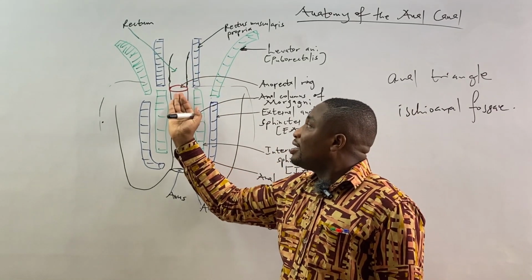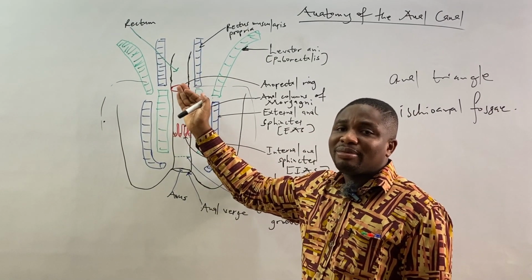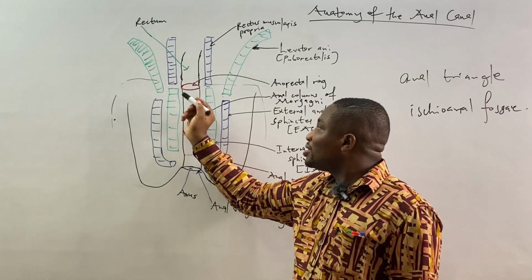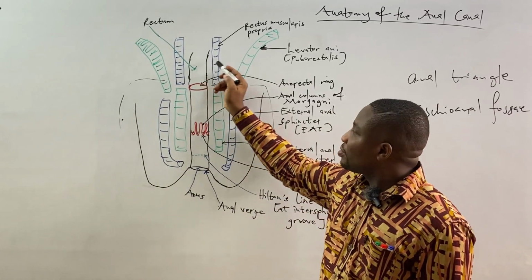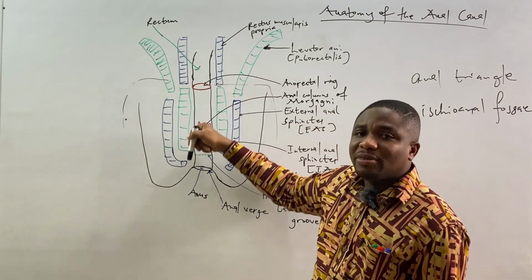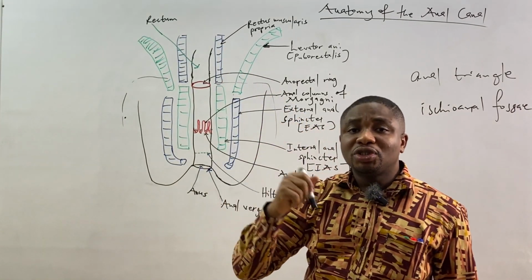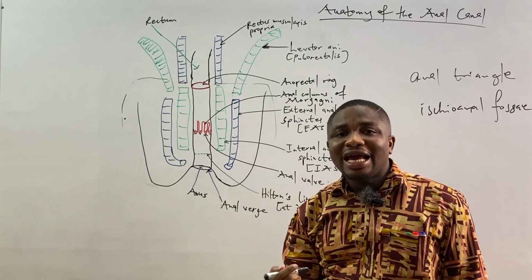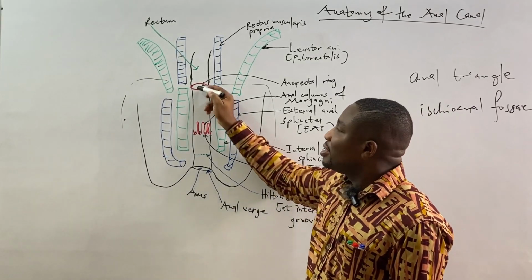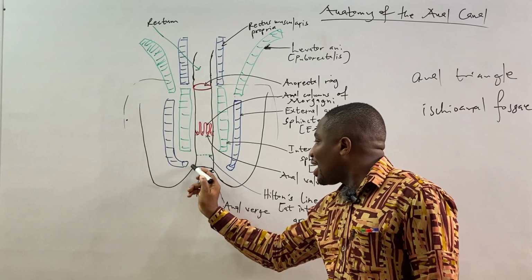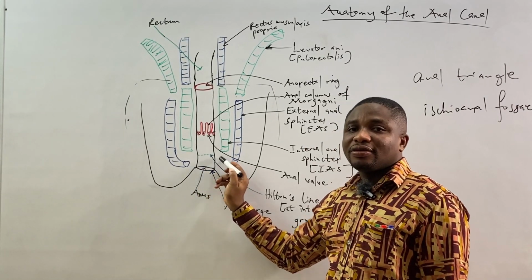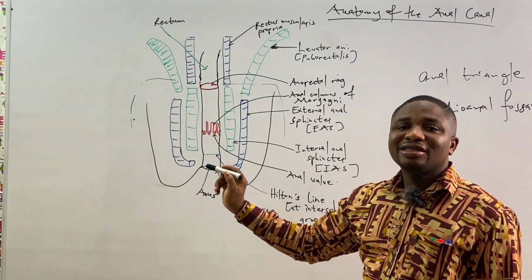The anal canal begins as a continuation of the rectum and passes infero-posteriorly, down and backwards, to terminate where? At the anus. So let me take that again.